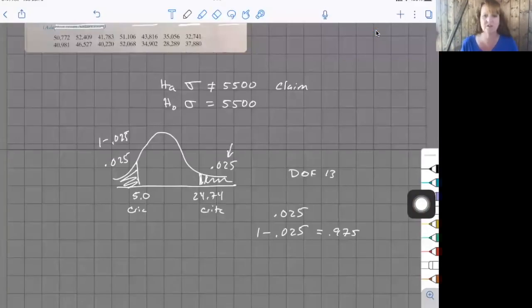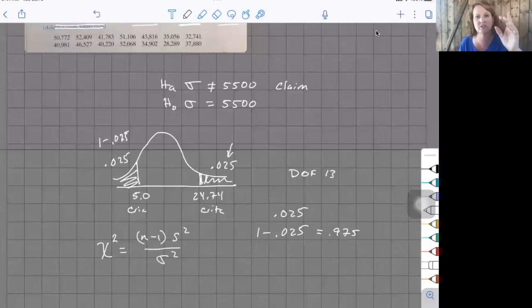Next thing is to figure out this test statistic for my sample. So my formula, chi-squared, is going to be n minus 1 times sample variance over population variance. Now, in this situation, I don't have the variance. I have the standard deviation. And the standard deviation is just the variance, but not squared.